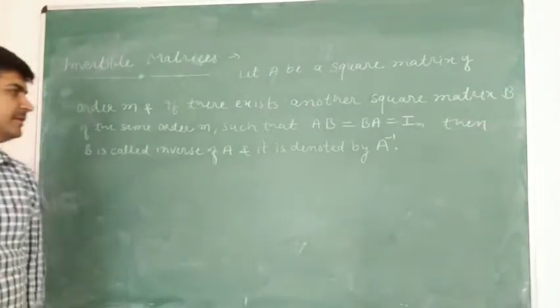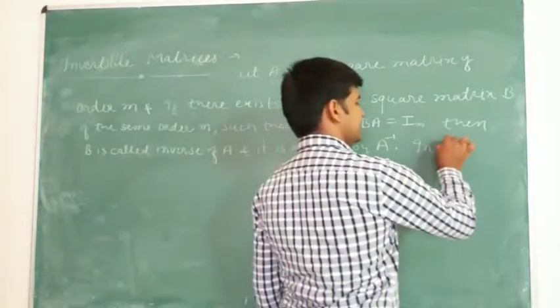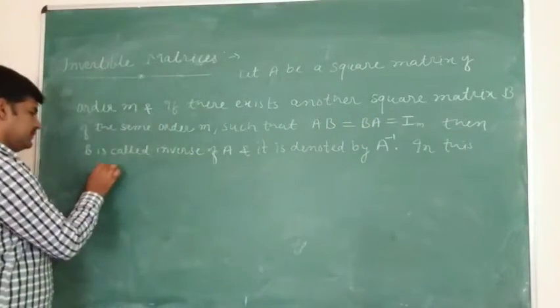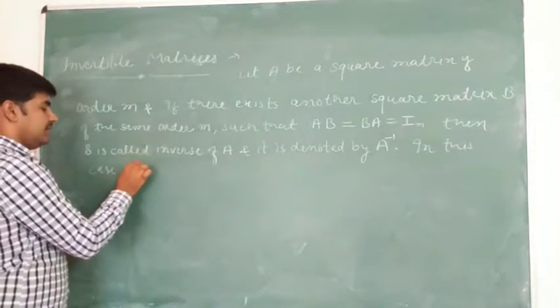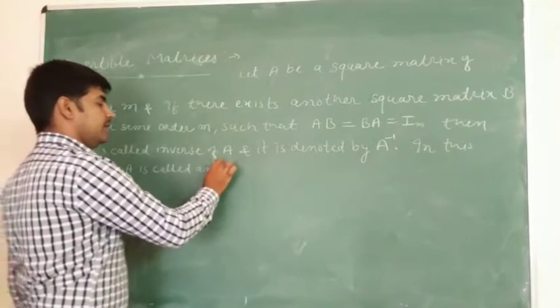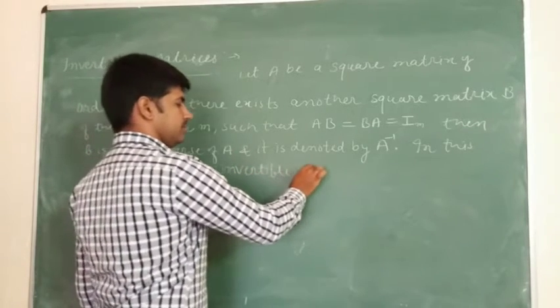And we can say in this case A is called an inversible matrix.